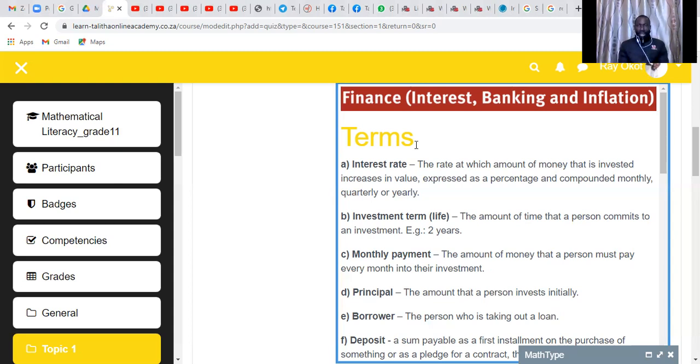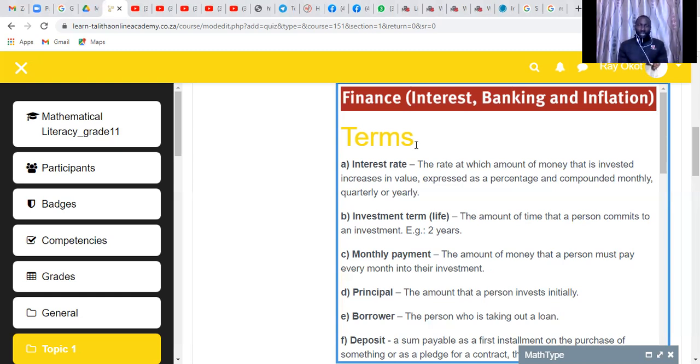And now, after some time, that money is expected to have increased in value. This increase in value because of the money invested is what we call interest or interest rate.